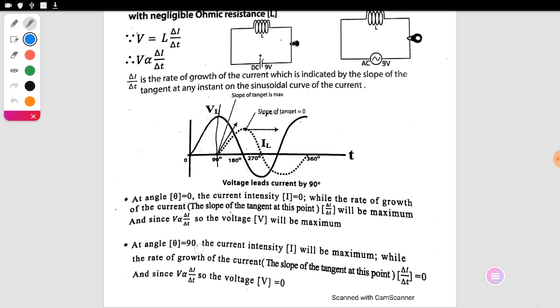When the angle becomes 90, the current intensity will be maximum, delta I over delta t will be 0 and V will be 0. This means that VL leads I by 90. This is the graphical representation for an AC circuit containing an inductive coil.